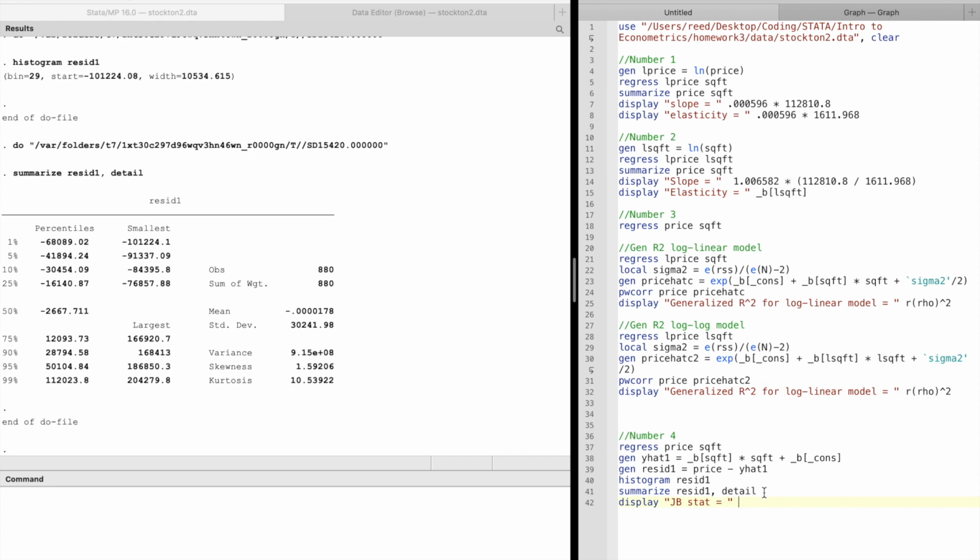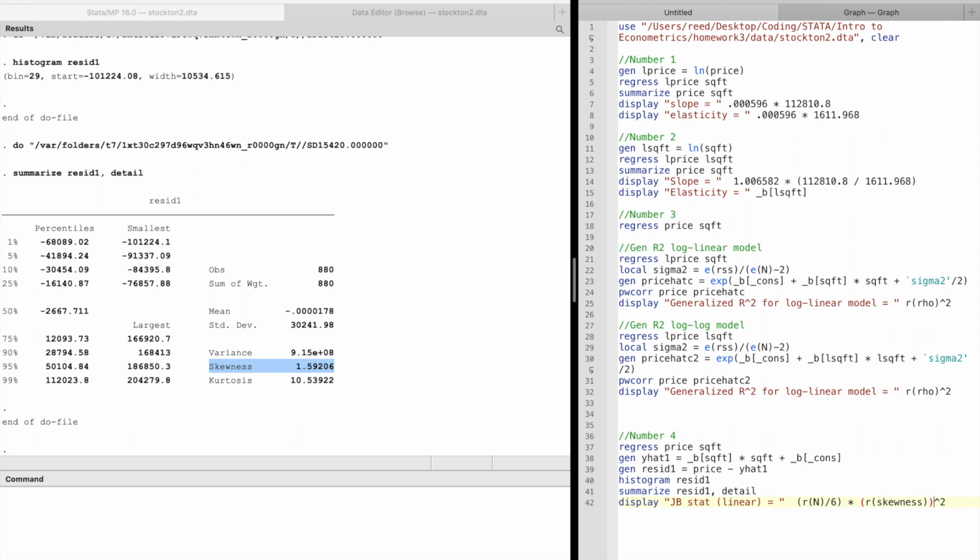So this is for a linear model. This would be n, our sample size from our regression, over 6, multiplied by the skewness squared, and the skewness is coming from this detailed summary output of the residuals.